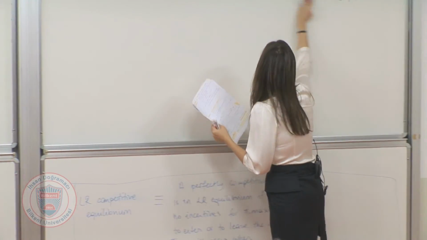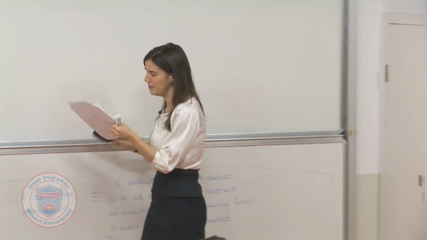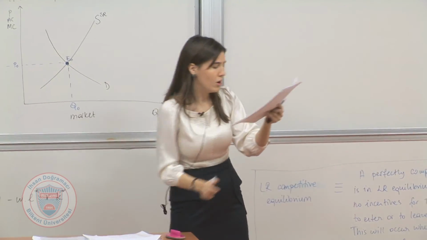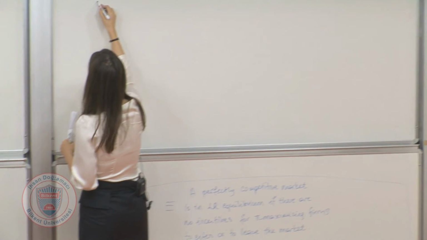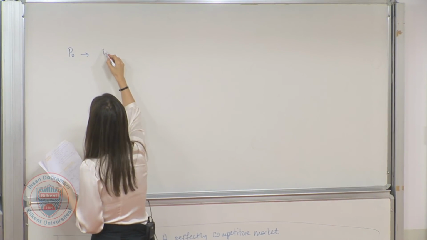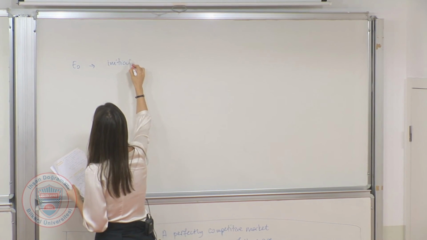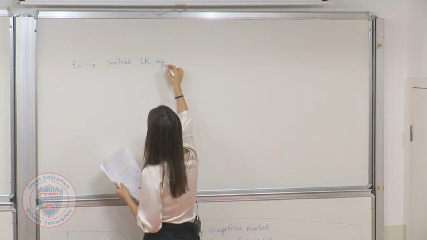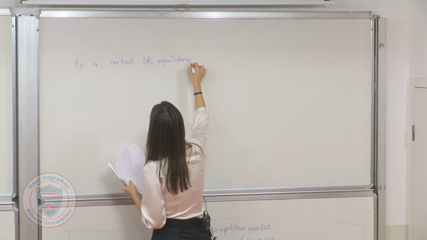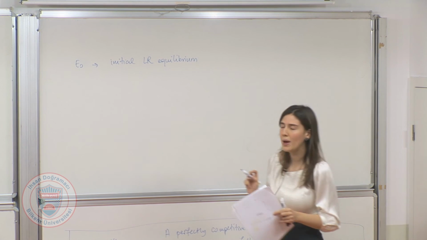Now, so let me write this down so that you would have it nicely in your notes. So let's say this. So let's say P0, or let's call it E0, is the initial long run equilibrium, okay?